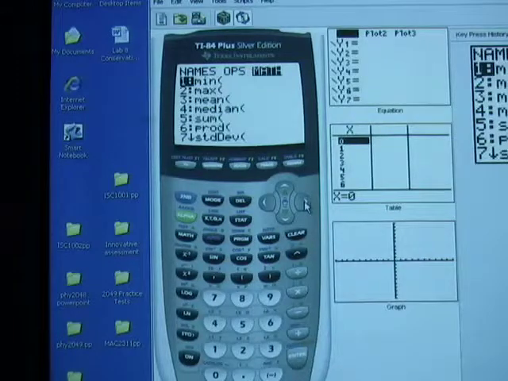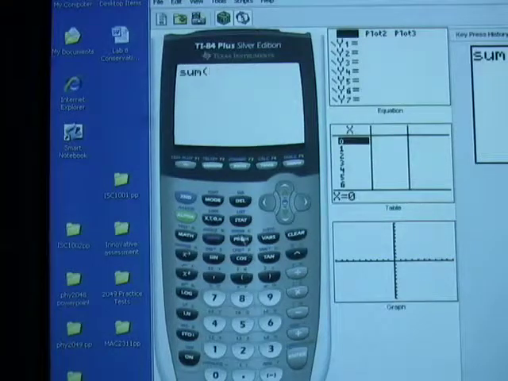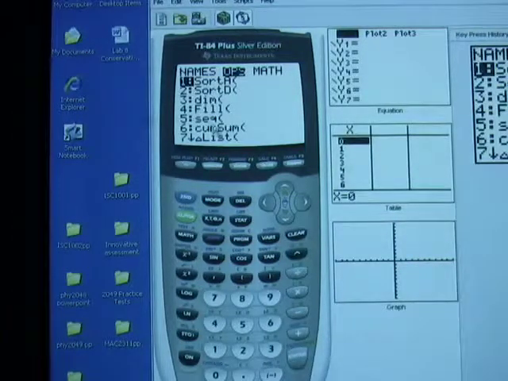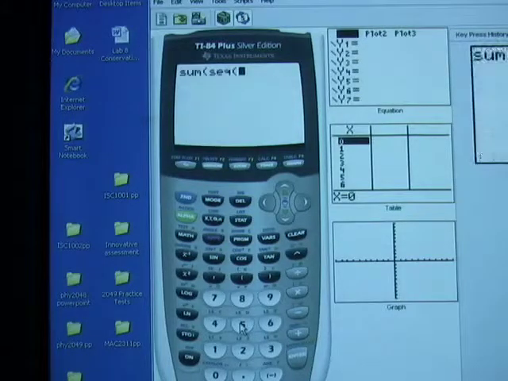What we want is sum, item number 5, so press 5, and the sum is written on the calculator. We now need sequence. Again go back, second stat, go to ops, 1 step to the right, and again the 5th item is sequence. So you got sequence written there.